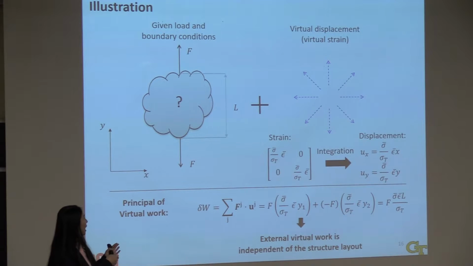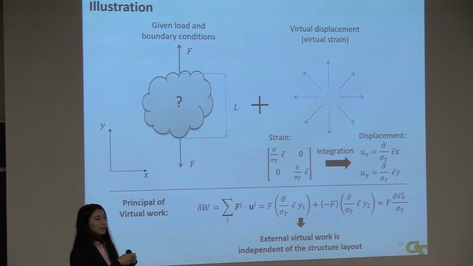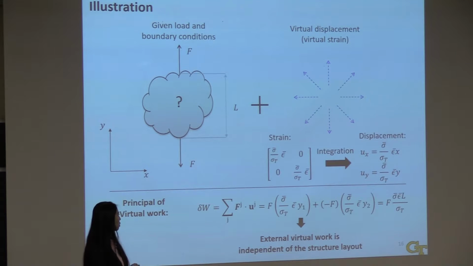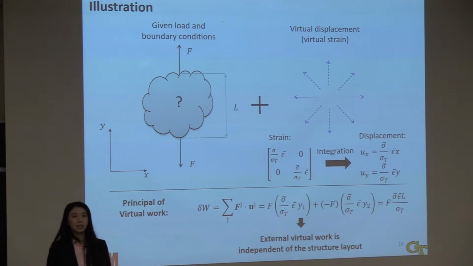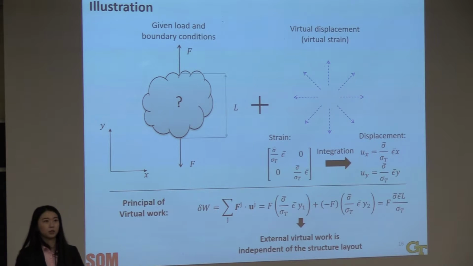The virtual displacement is the same as the previous example, a uniform dilation. And we can calculate the external virtual work as follows. At the end, you can see that it really does not depend on any structure layout. It only depends on the force and the strain field.